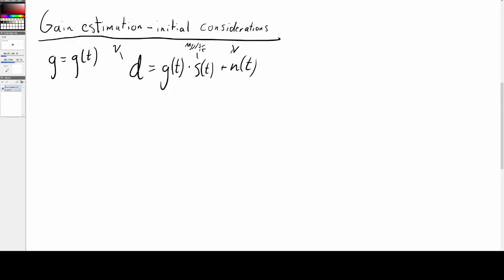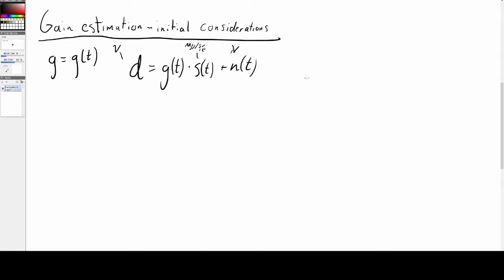The noise, however, is partially free to vary. The white noise part of the noise is not completely determined. And so this means that if the gain is free to vary and the noise is free to vary without constraints or without any other knowledge, then these are completely degenerate.